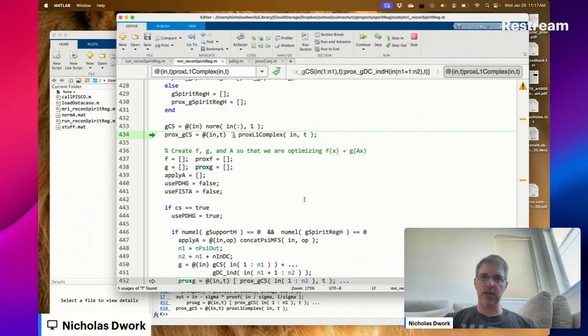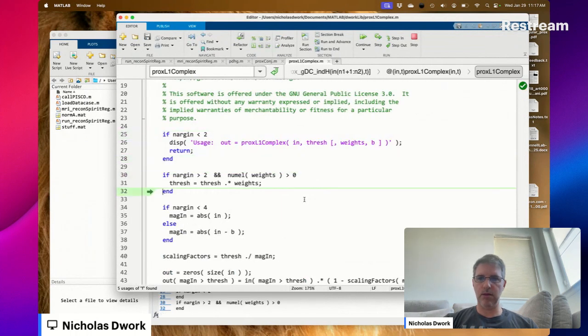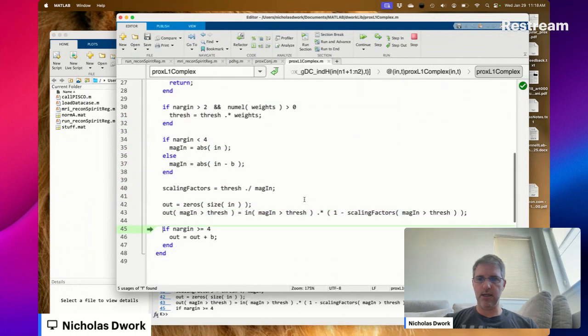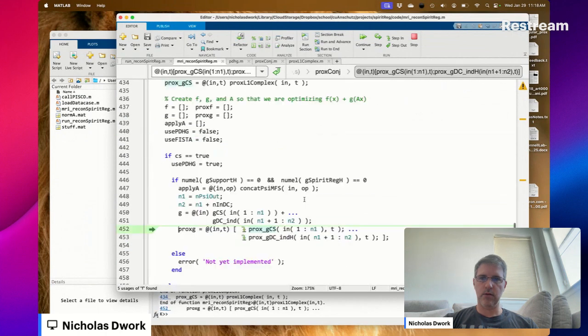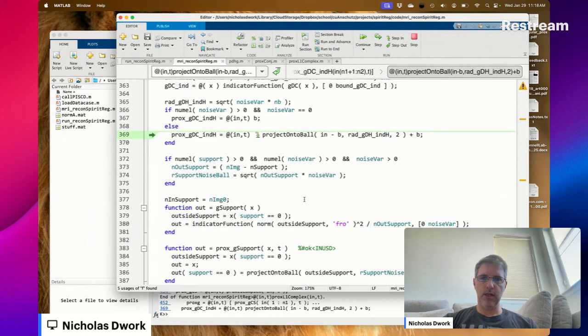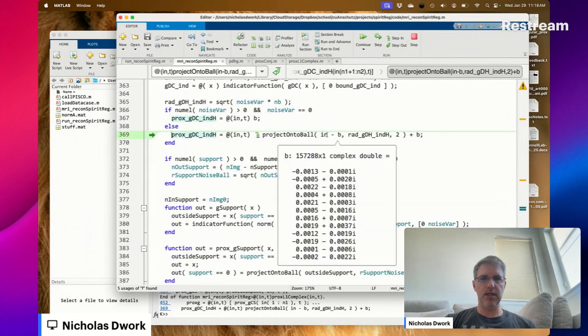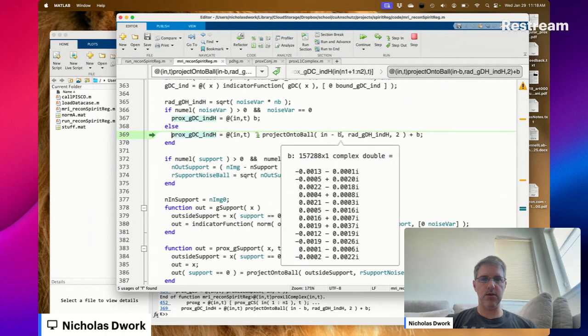We're going to do the prox of GCS, which is prox of L1 complex. Looked at this the other day. By the other day, I mean yesterday. Now we're going to do the projection onto the ball. B is not 0, N is zeros.